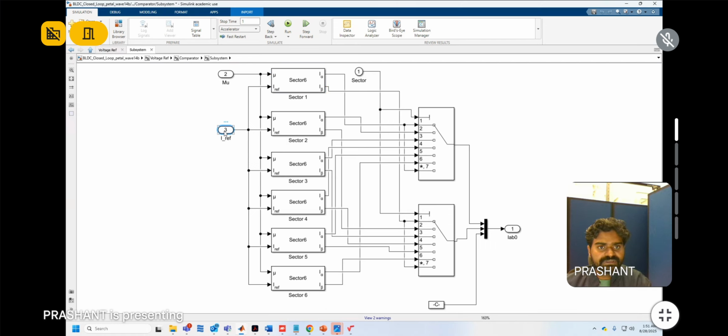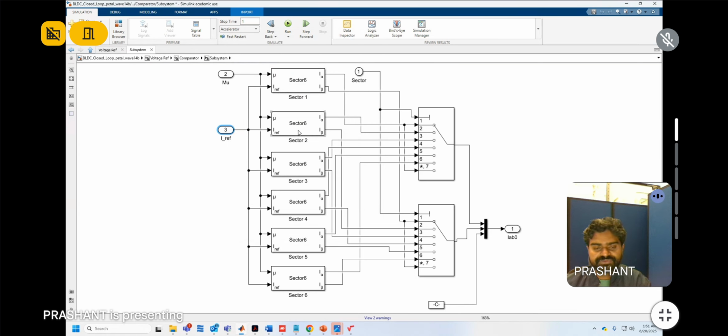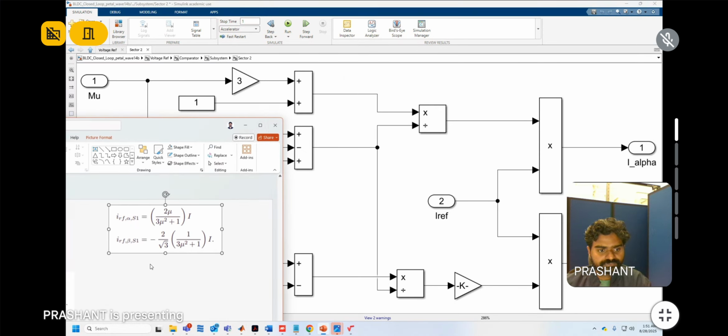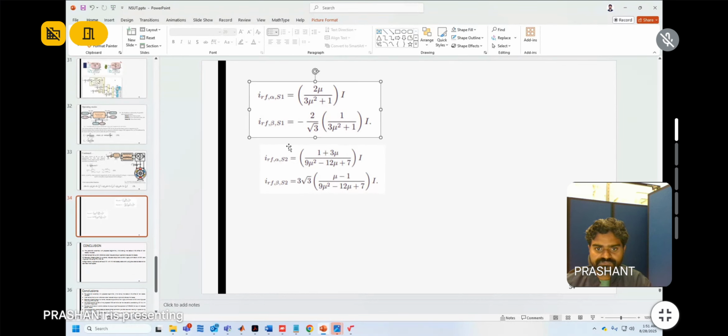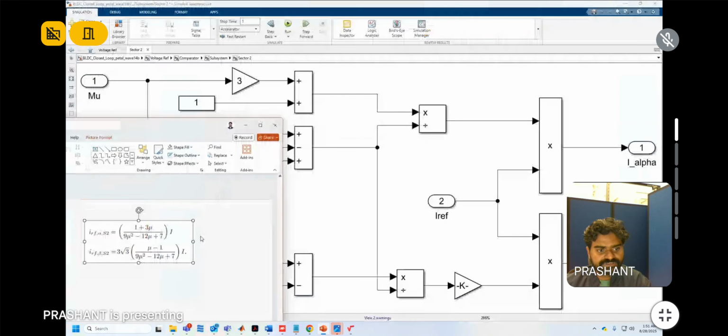Here we were getting I alpha, I beta, mu, I reference. We can do the same way for sector 2. This is for sector 2.